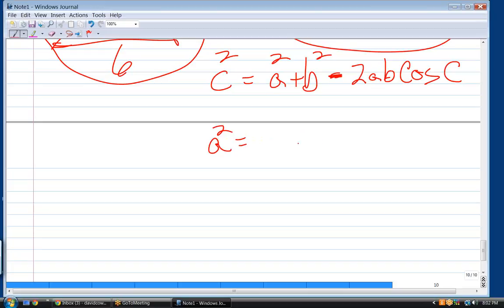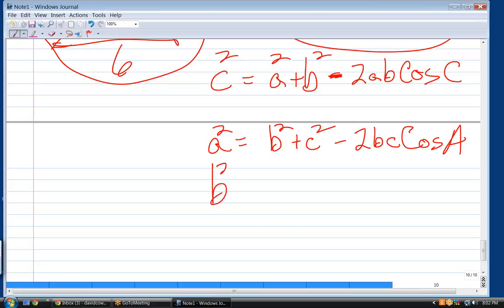It's exactly the same pattern. It's the other two. So what would it be? Would it be c squared minus b squared, or would it still be plus c squared? Okay. In other words, it's always the other two letters minus what? 2bc cosine A. There you go. And the final one is if you were solving for b squared.